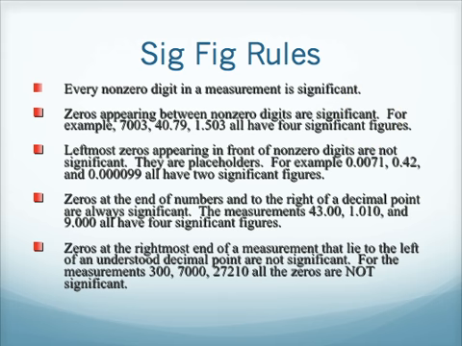The rest of the rules really deal with zeros, so let's take a minute to go through each one of them. If you have a 0 that's between non-zero digits, it's considered significant. That just means the zeros are squished between 2 numbers that are not 0. For example, in the number 7,003, the 2 zeros are sandwiched between the 7 and the 3, so this would be 4 significant digits.